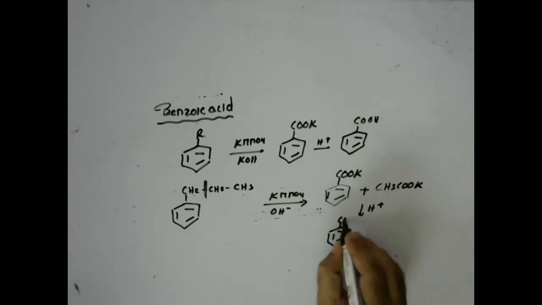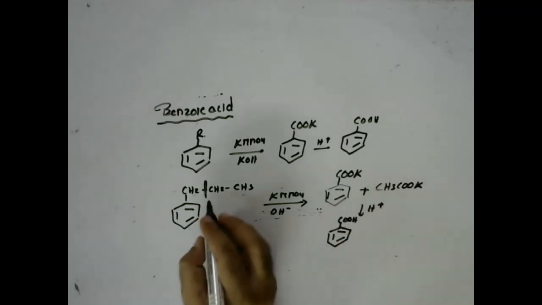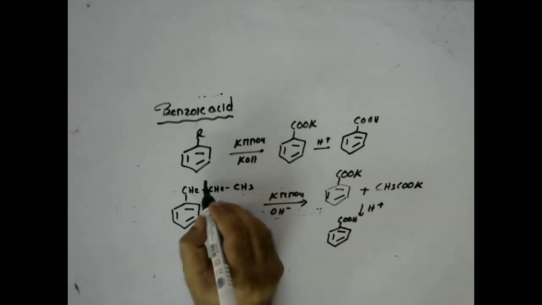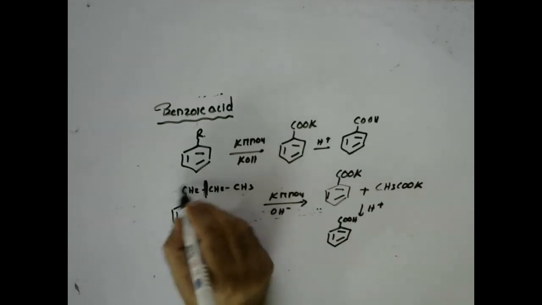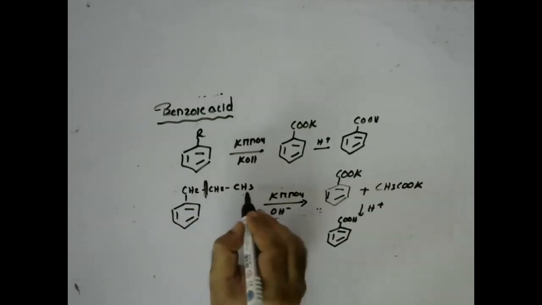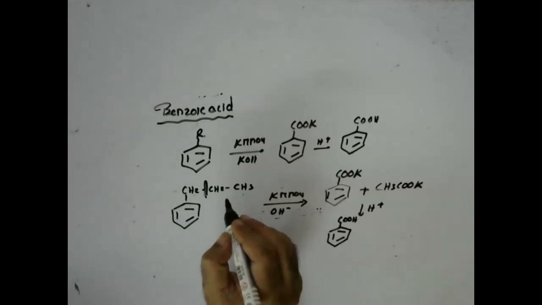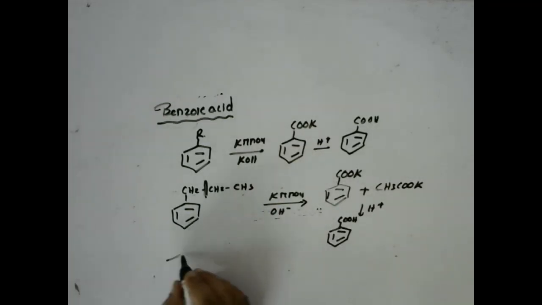So for any number of carbon atoms present on the benzene ring, the bond breaks after the benzylic carbon. This part will become benzoic acid and the rest will also convert into an acid with the same number of carbon atoms. Even if you have an aromatic ketone, let's say acetophenone, benzene with COCH3. This is called acetophenone.